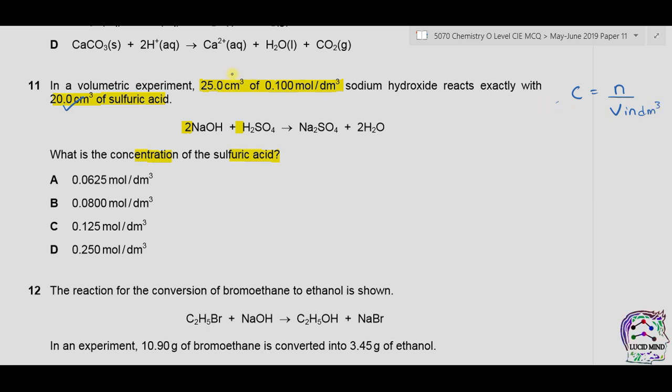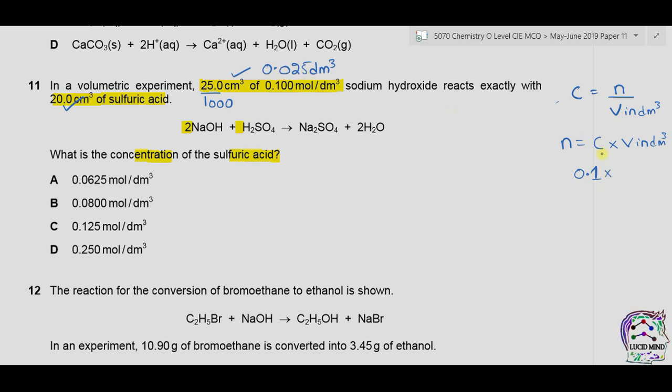Now we have volume in cm³. We can convert it into dm³ by dividing by 1000. So it becomes 0.025 dm³. For number of moles, we can rearrange this formula. Number of moles is equal to concentration times volume in dm³. Concentration is given, which is 0.1 mol/dm³.